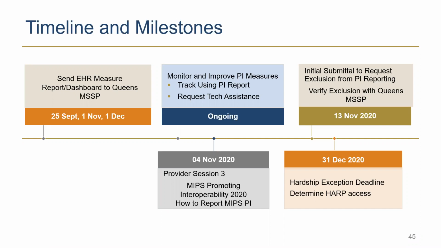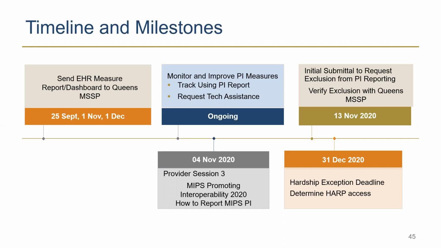The end of the year, December 31, is when you have to have put in the application for an exception if you are not going to report anything in the PI category. In our first session, we talked a little bit about the exception. We didn't talk about it much today, so if you need to know about that, go back to the slide deck for session number 1.